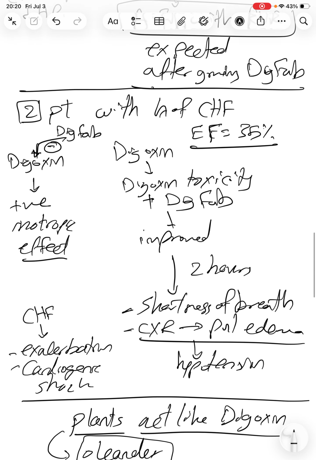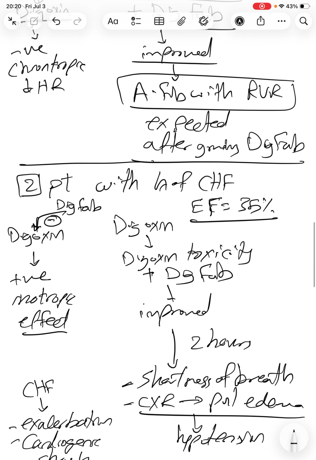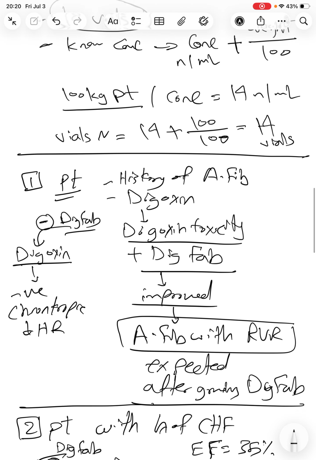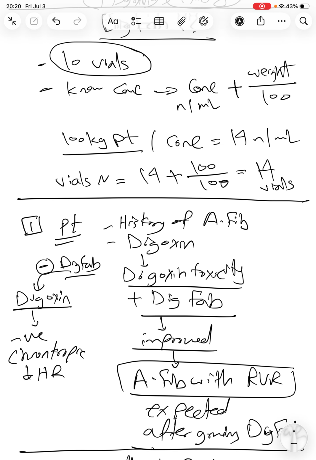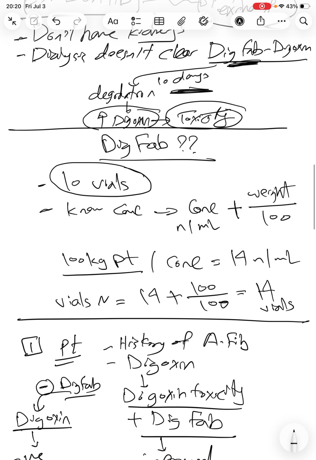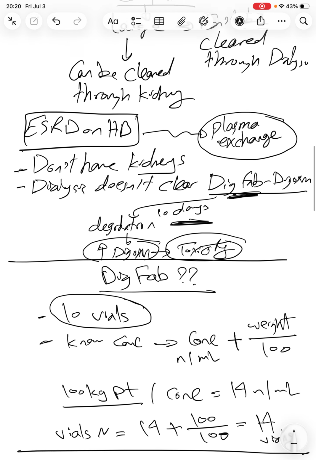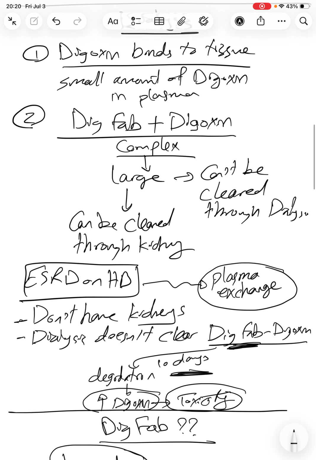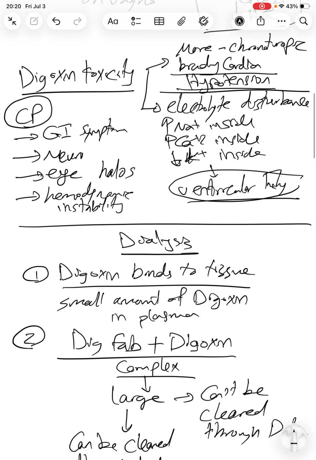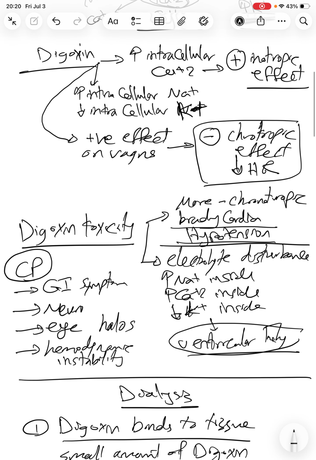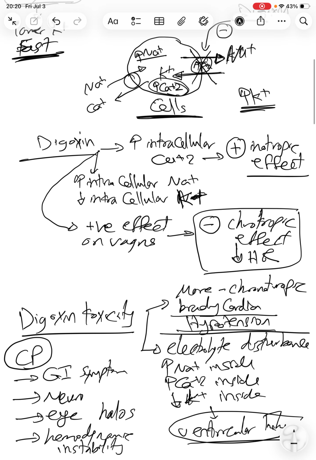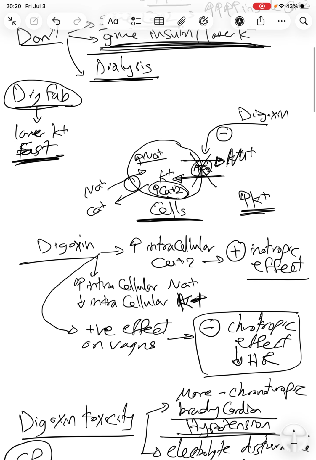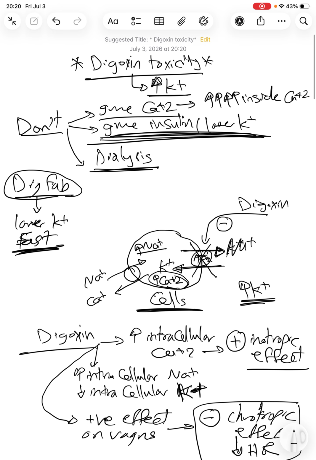We also talked about how the patient may have cardiogenic shock or Afib with RVR after initiating the Dig Fab, how to calculate how much Dig Fab we should give, why we don't like giving or starting dialysis on those patients, how digoxin works, and what the clinical picture is. So I think this is everything.